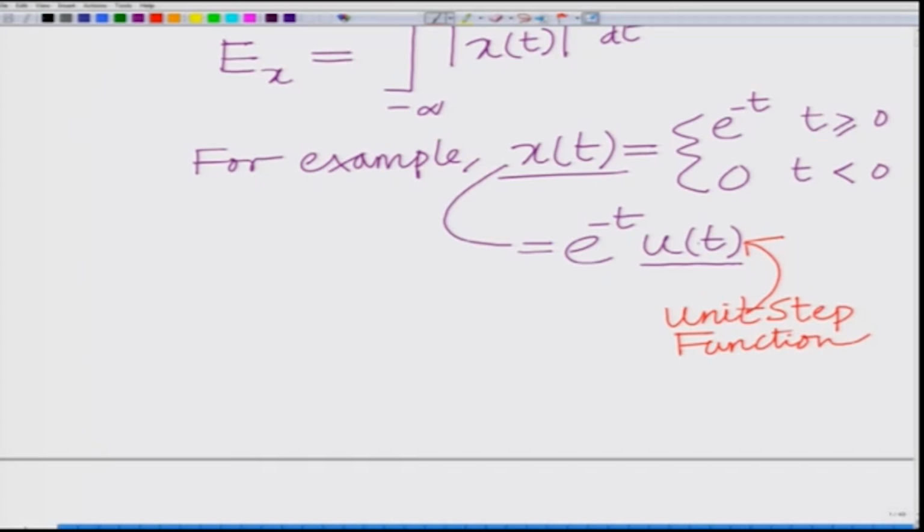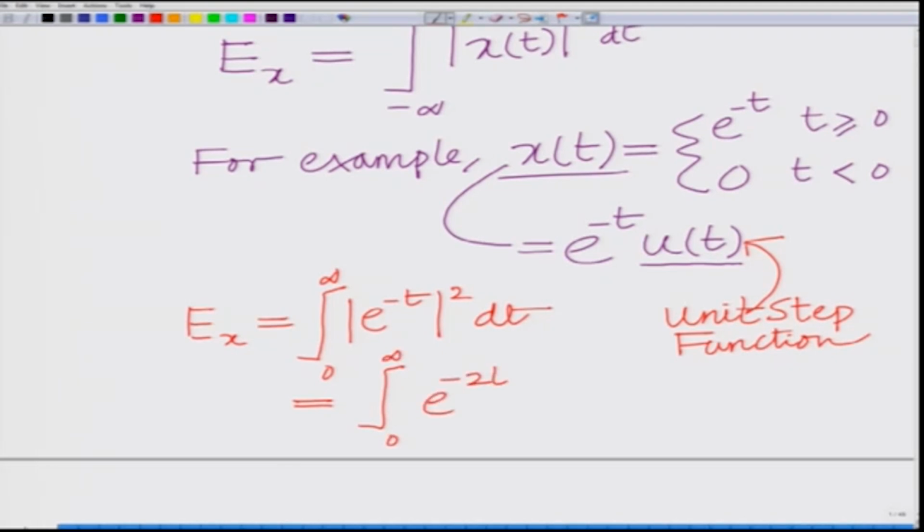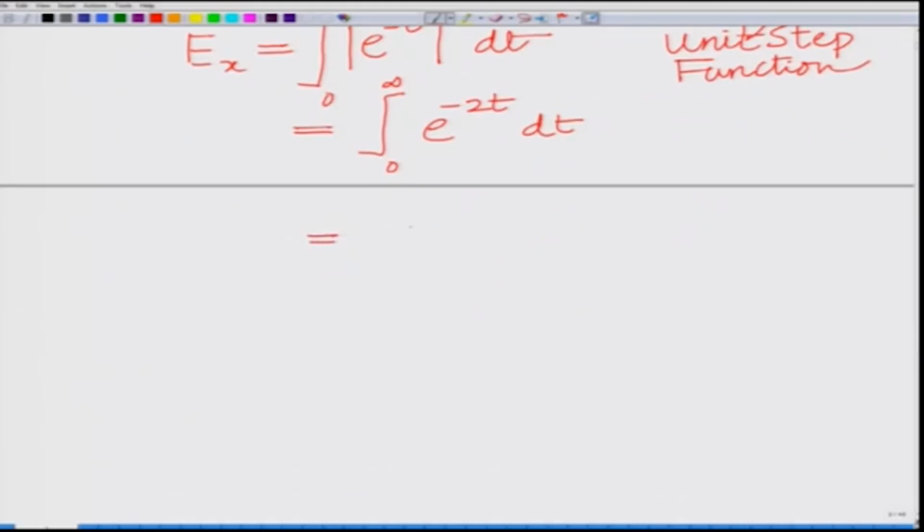Since this signal is non-zero only for t greater than or equal to 0, Ex would simply be the integral from 0 to infinity of magnitude e to the power of minus t squared dt, that is, the integral from 0 to infinity of e to the power of minus 2t dt, which is equal to minus half e to the power of minus 2t from 0 to infinity, that is equal to half.